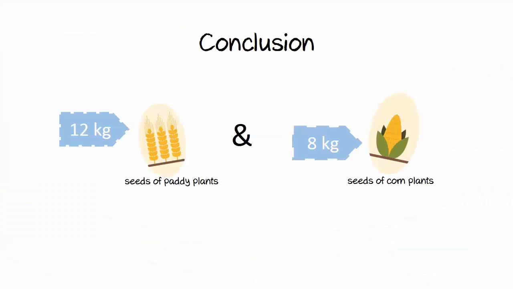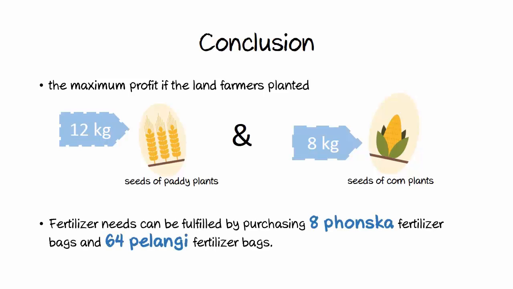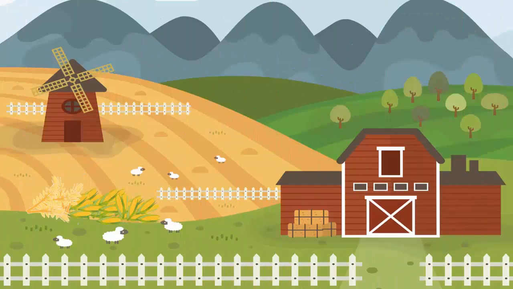So from that result, we can conclude that the farmer needs 12 kilograms of paddy seeds and 8 kilograms of corn seeds. And this way we can have the maximum amount of profit. And the fertilizer needed is 8 kilograms of Ponska, which means 8 sacks, since every 1 kilogram is 1 sack, and 64 sacks of Pelangi.